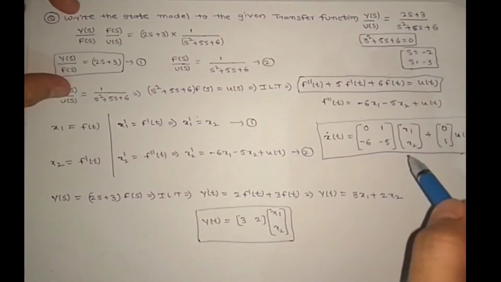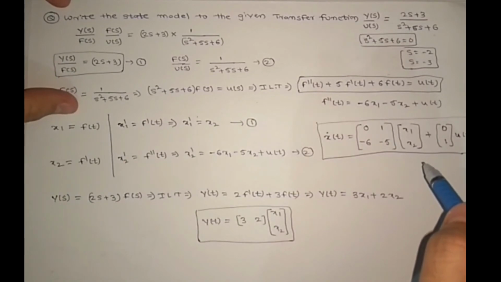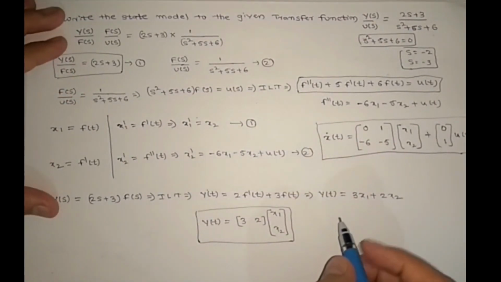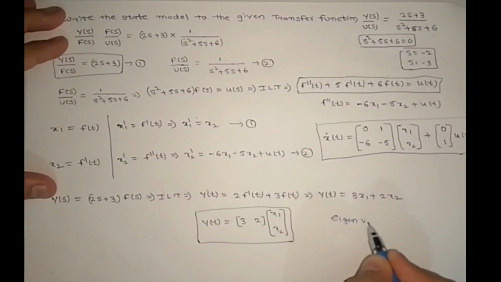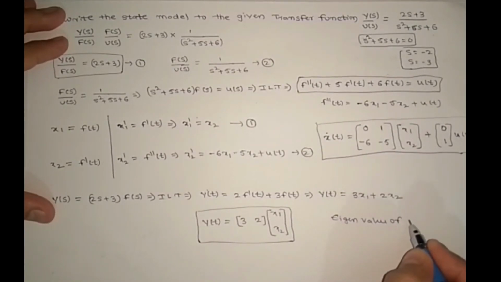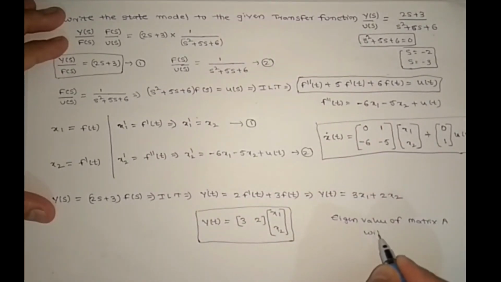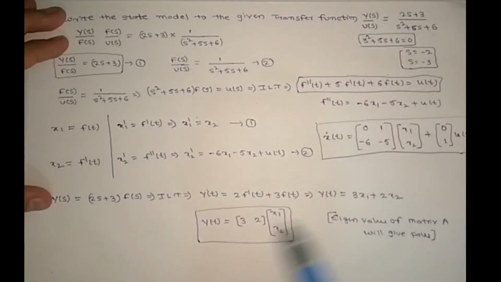But by using this state model, how will you find the poles? Here, if you want to find the poles, the eigenvalues of matrix A will give the poles. Eigenvalues means here determinant of sI minus A, right?